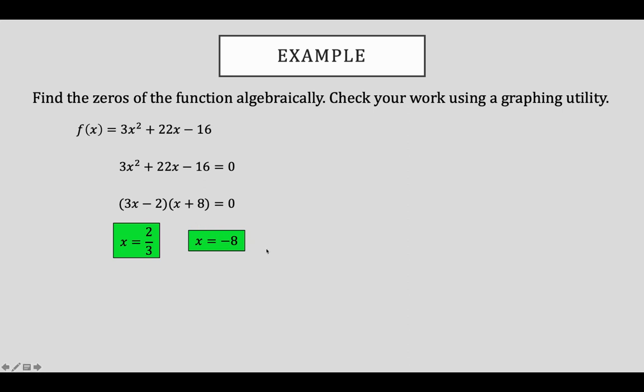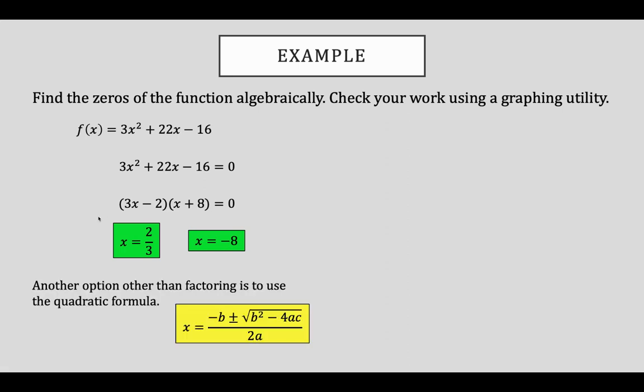Now, if you had a tough time factoring this, another option for finding the zeros of a quadratic is to use the quadratic formula. x is equal to negative b plus or minus the square root of b squared minus 4ac, all divided by 2a. Using this formula, plugging in for each one of the constants, a is the constant that comes in front of the x squared term, that would be 3 in this case. b is the constant that comes in front of the x term, which would be 22.